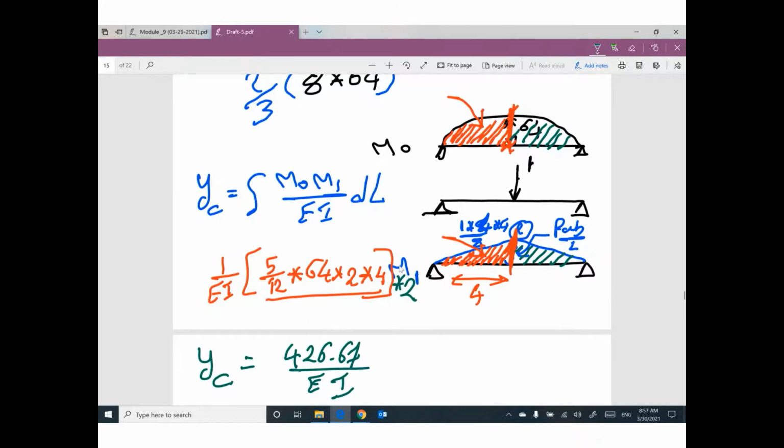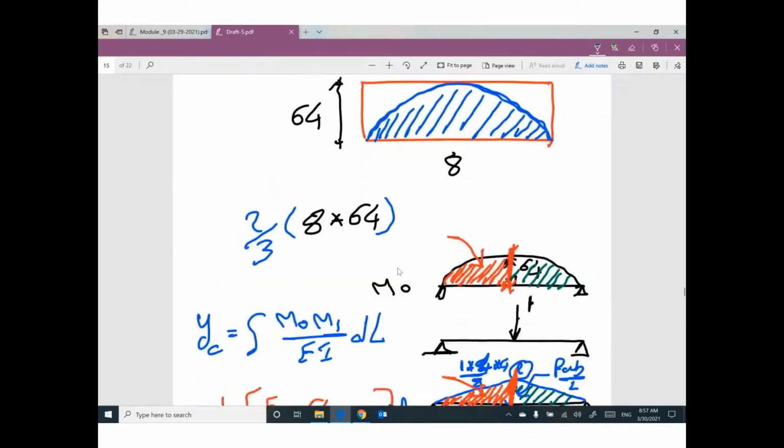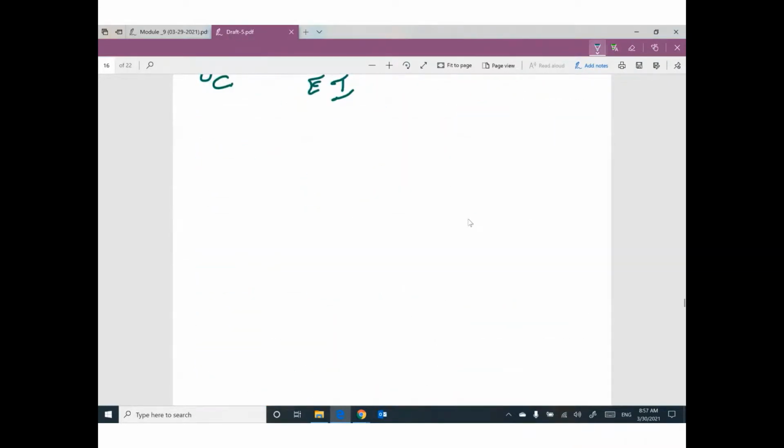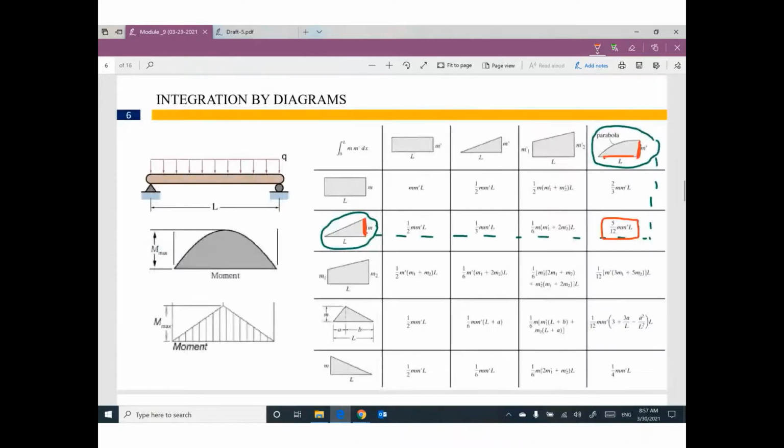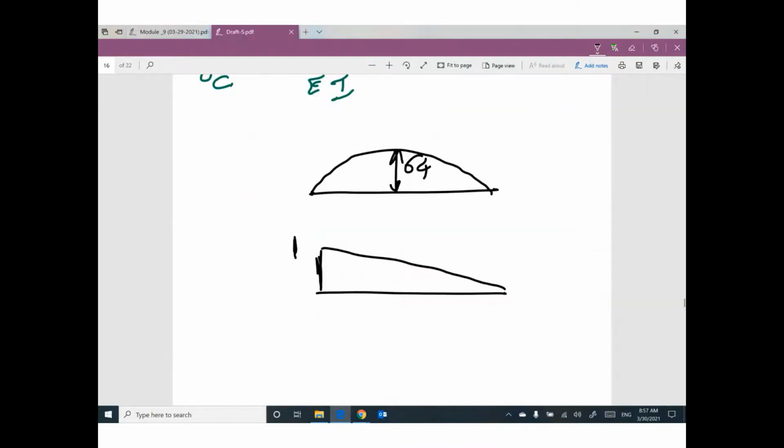One of you will say, hey, why in the first step do we have a parabola and this triangle? This one is 1, this one is 64. Why didn't you use this table? Okay, you can. It's okay, you can. Go ahead and divide.